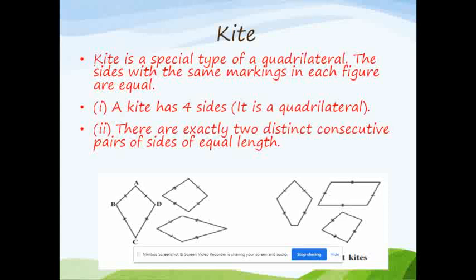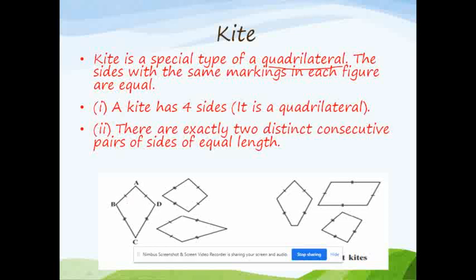The sides with the same markings in each figure are equal, because a kite consists of four line segments, four sides. That's why it comes under quadrilateral. It is a special type because a kite has four sides, with exactly two distinct consecutive pairs of sides of equal length.